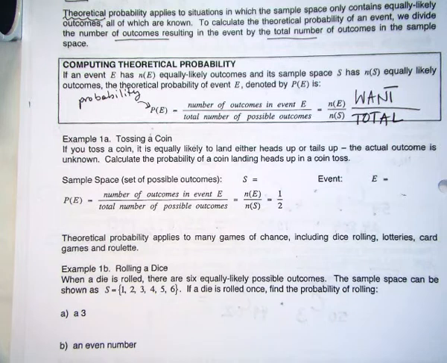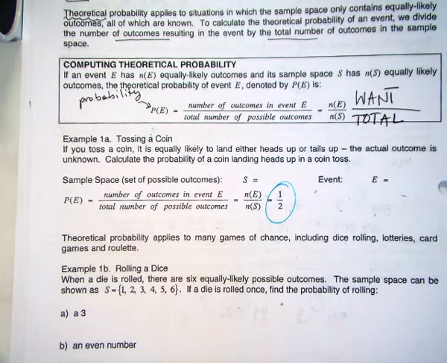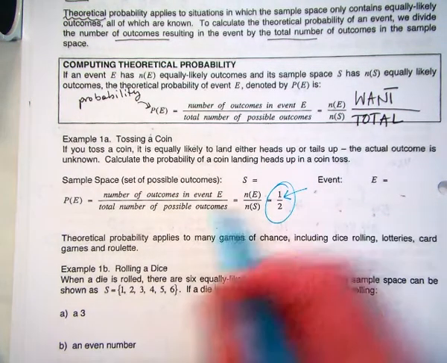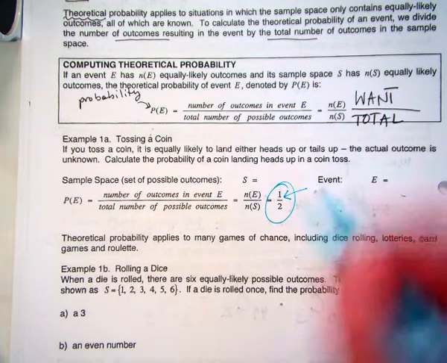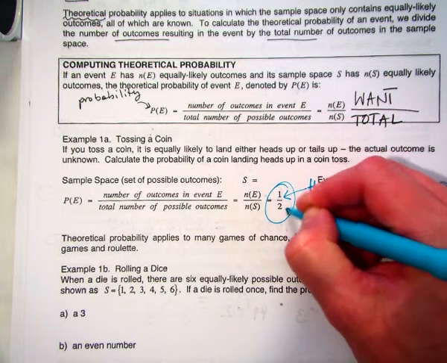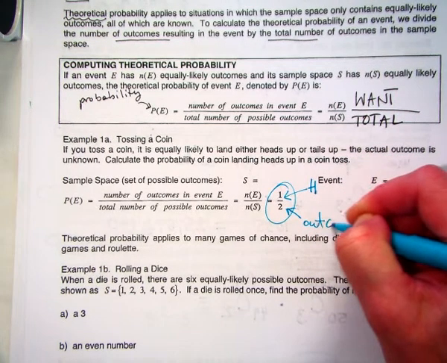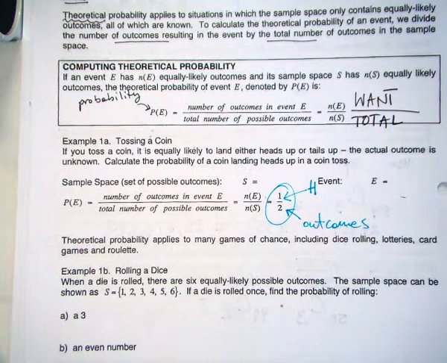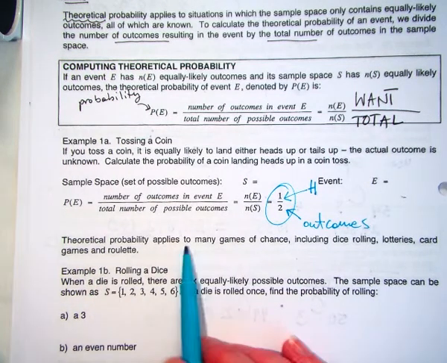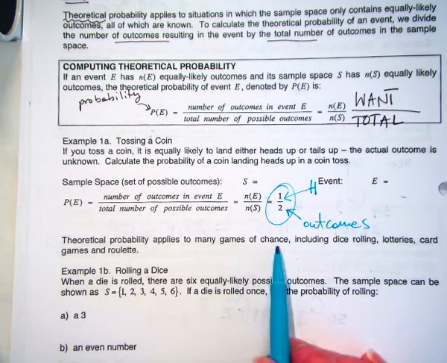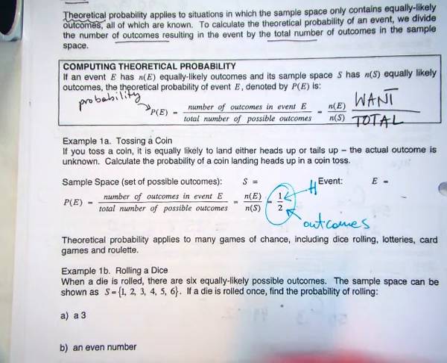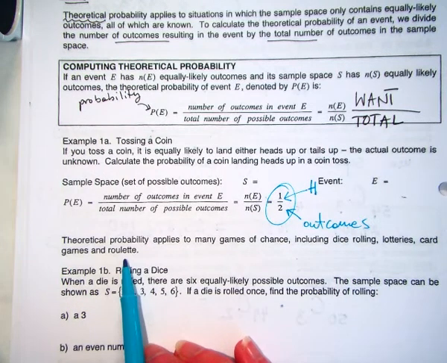And how many different possible outcomes do we have? 2. So that's why anytime you do a coin toss, it's 1/2. Because if you're being asked about an event, specifically this one is heads, and this one is the outcomes. And the outcomes are either heads or tails, so there's only 2. Theoretical probability applies to many games of chance, including dice rolling, lottery, card games, and roulette.